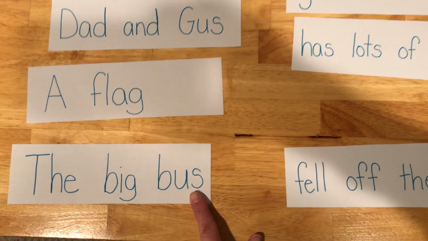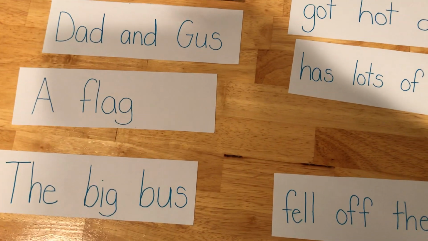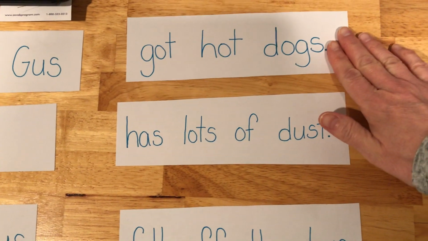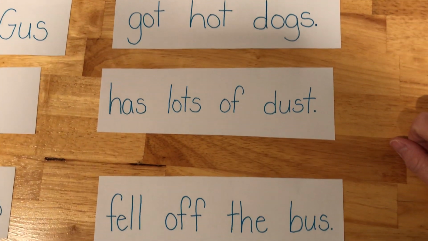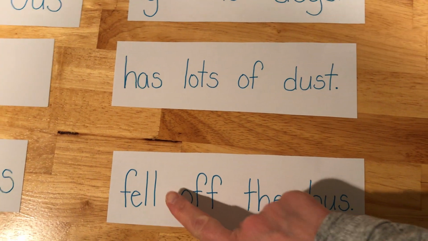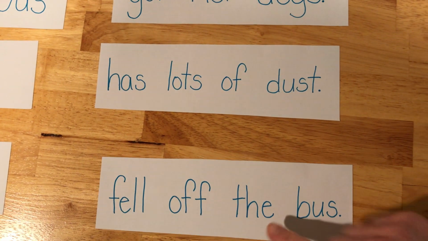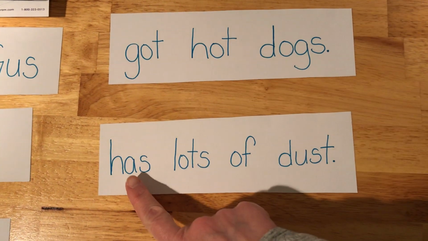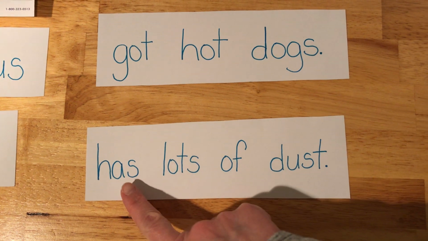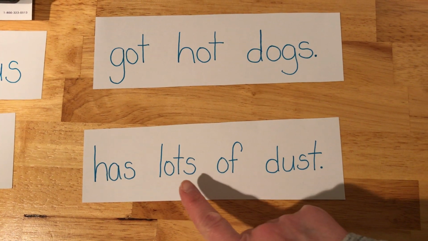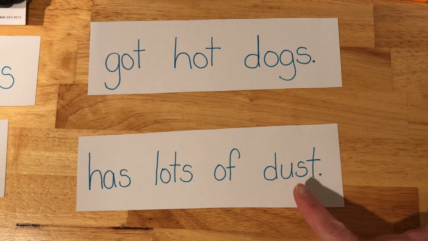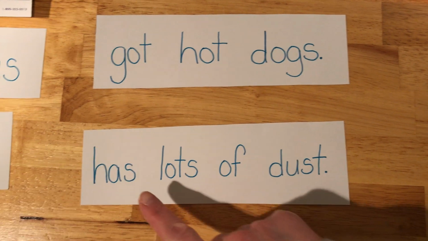What could we find to match the big bus? Well, let's look at our telling parts. The big bus is our naming part. We already know fell off the bus does not make sense. Has lots of dust.